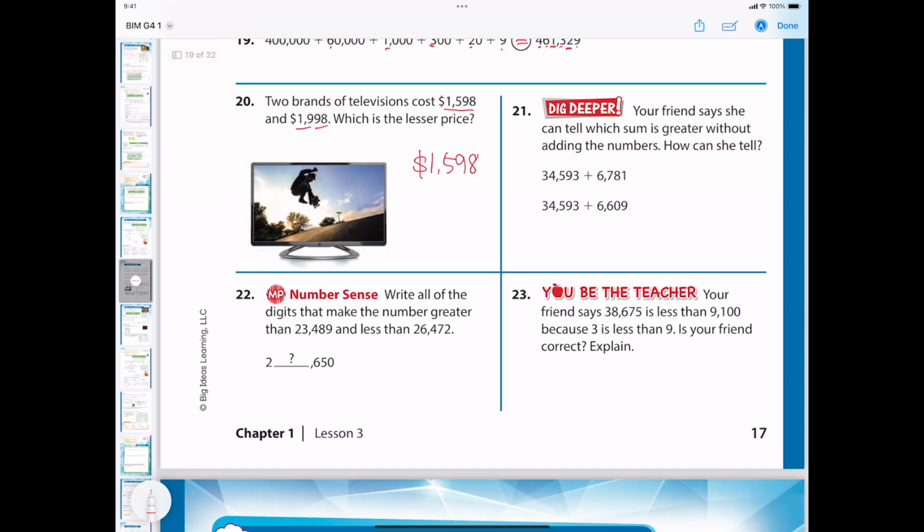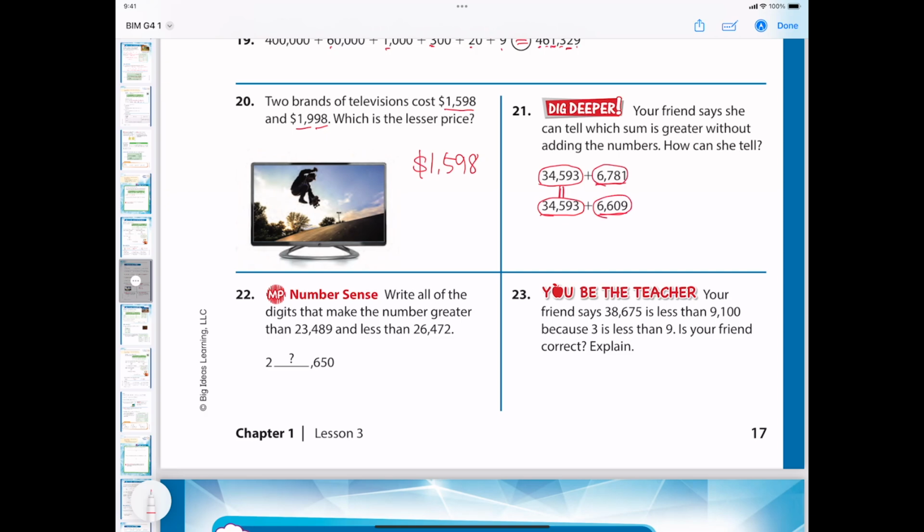Okay, number 21. Your friend says she can tell which sum is greater without adding the numbers. How can she tell? Okay, let's see if you could. Okay, so first numbers are equal. Now you can compare which number is greater to know, okay, when you add these two numbers together, which sum is going to be greater. Now the first you need to see is each first add-in is the same. Okay, so they are all equal. First number is equal, then compare the second numbers.